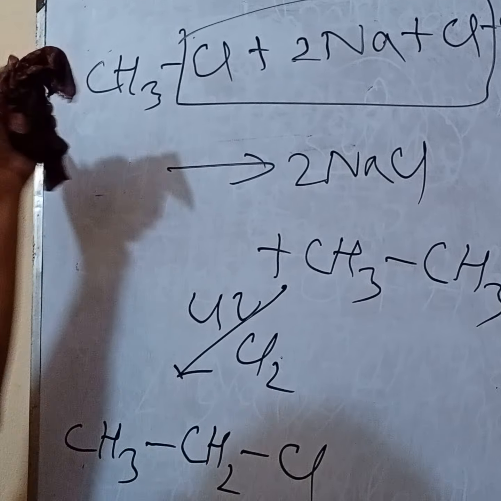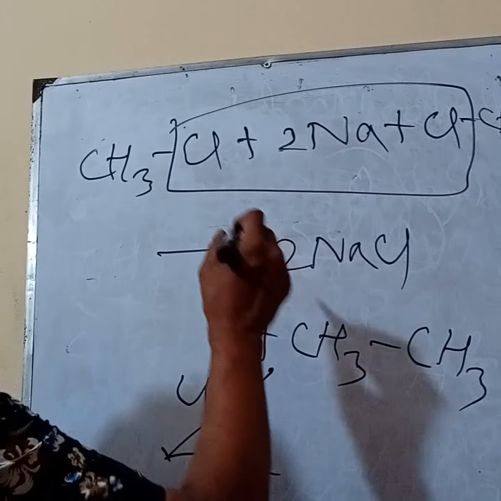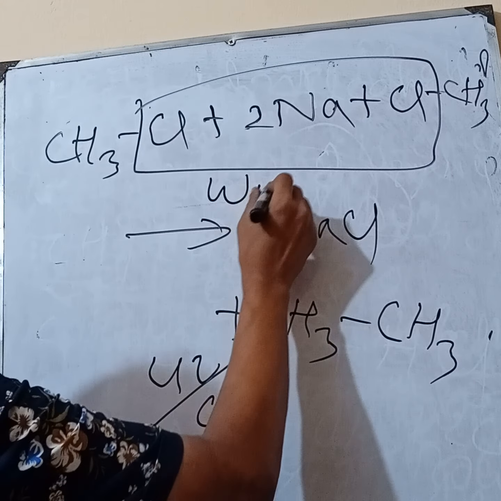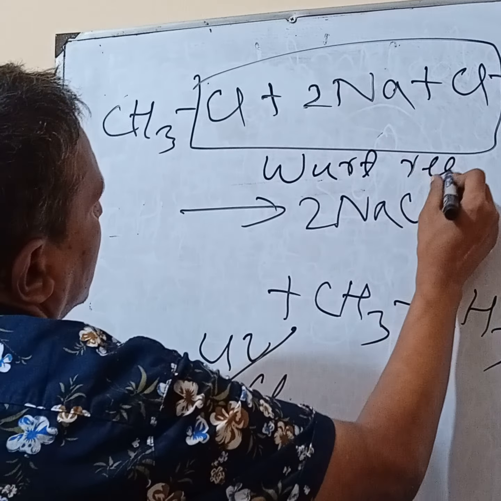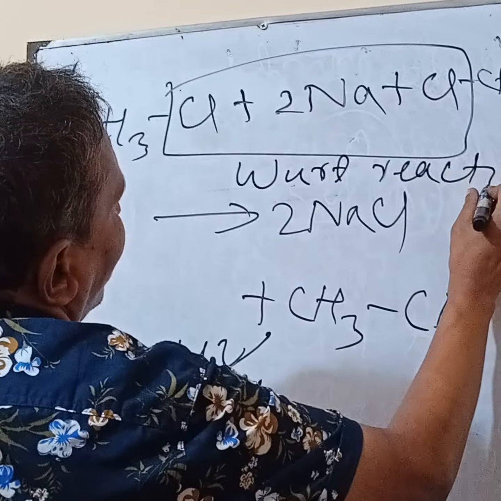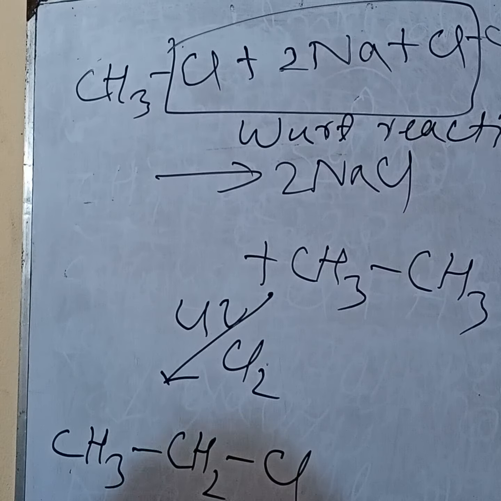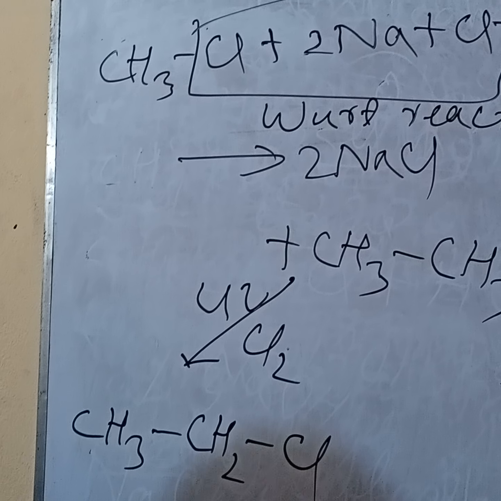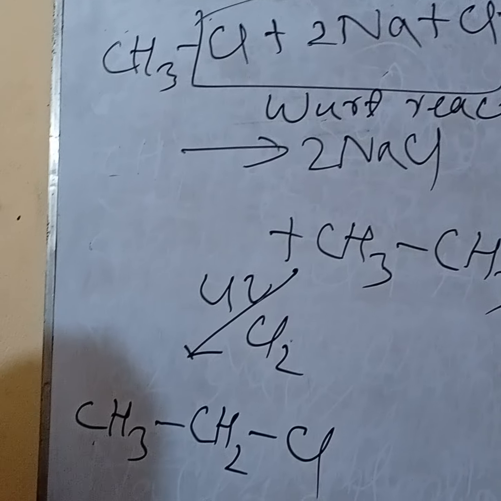Methyl chloride, methane to ultraviolet and sodium: it is the Wurtz reaction. It is completed in ether medium. In ether medium, sodium with methyl chloride reacts to give ethane. Wurtz reaction.